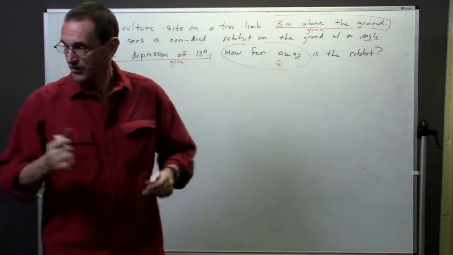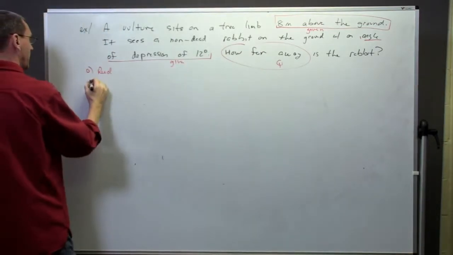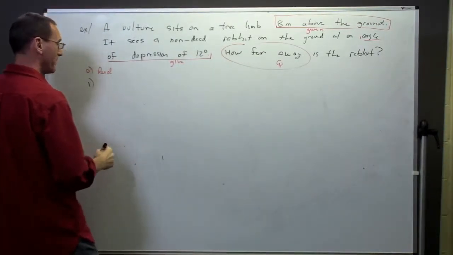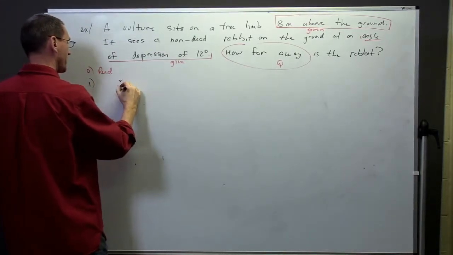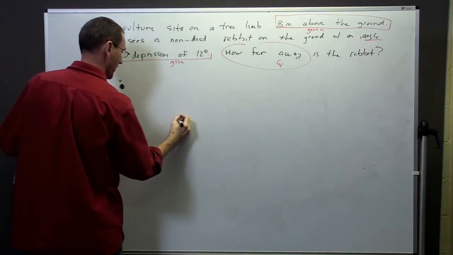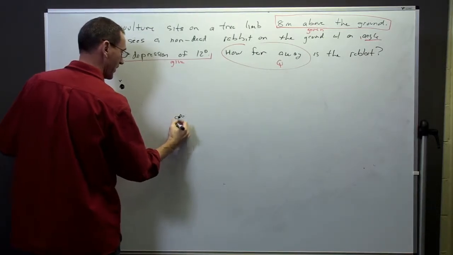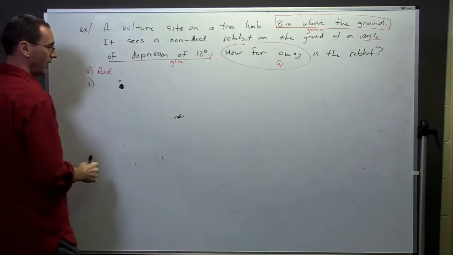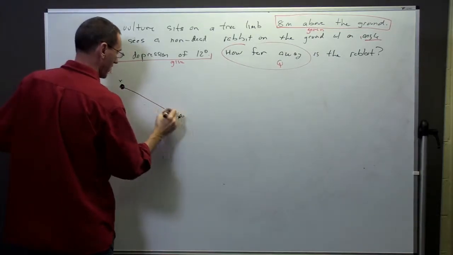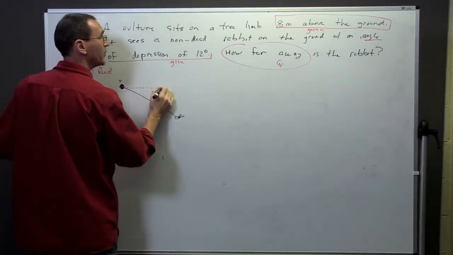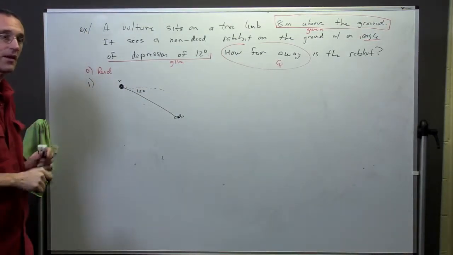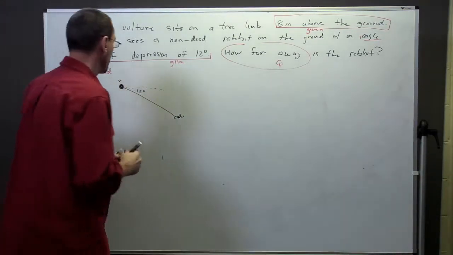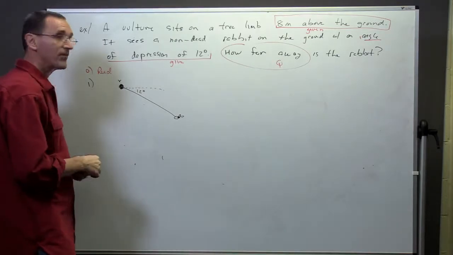My next step is to draw a picture. I've got my vulture here, and I've got my bunny rabbit here, and it's looking down here, and it has an angle of depression of 12 degrees. The question is, can I find a triangle here?